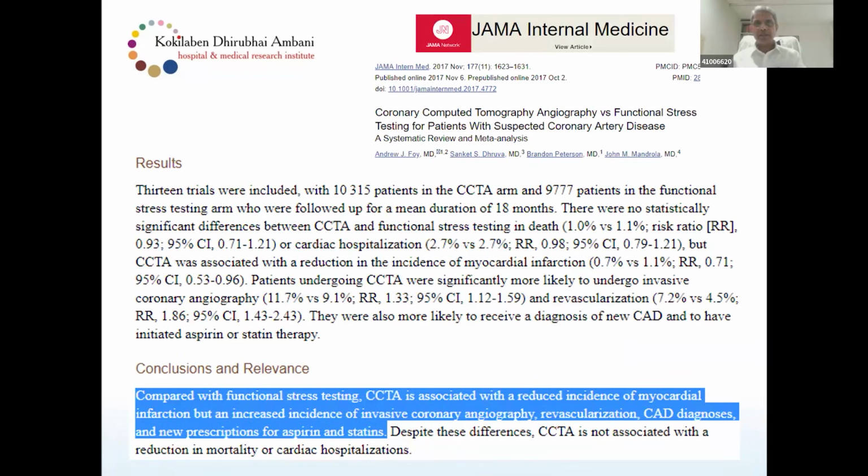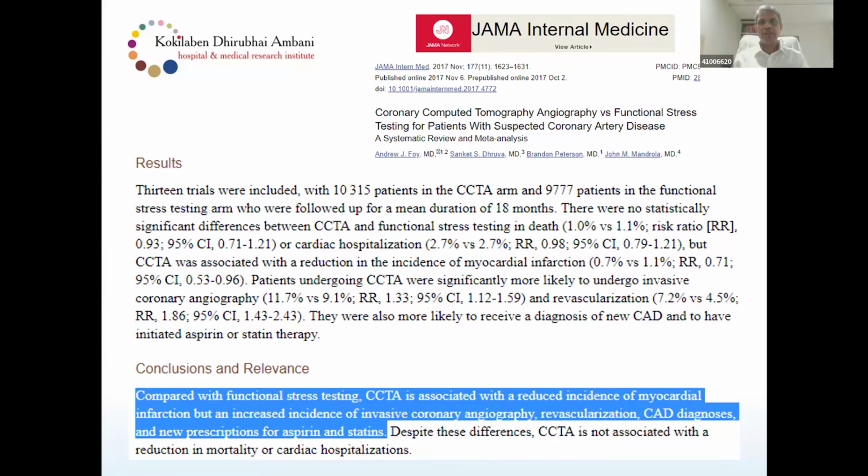So there is this article in JAMA Internal Medicine. At the bottom, you can see the highlighted portion. It says that compared with functional stress testing, CT coronary angiography is associated with a reduced incidence of myocardial infarction. Because the people who undergo CT coronary angiography can get the lesion detected earlier, undergo invasive angiography, undergo revascularization procedures, and be on treatment with aspirin and statins.